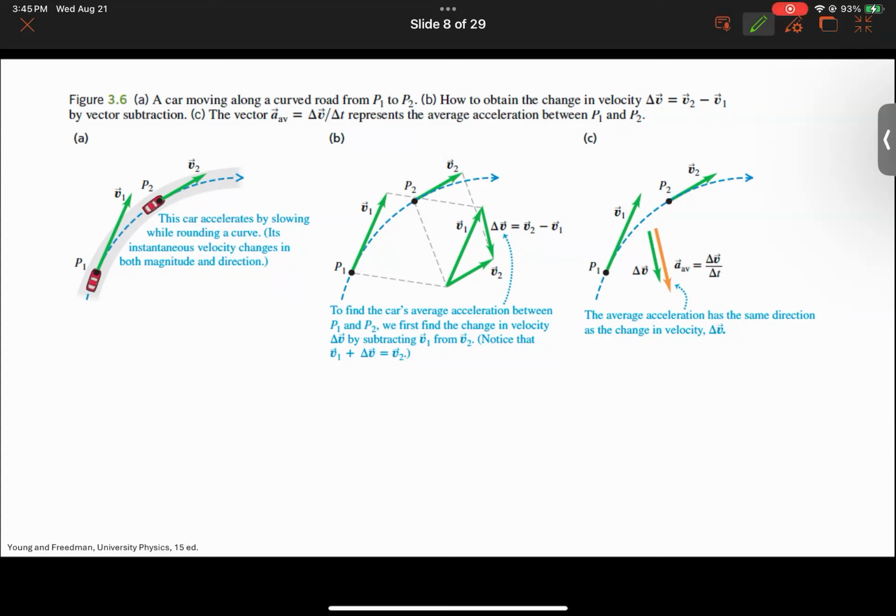Okay. So now let's move to how acceleration is defined. So pag-usapan naman natin yung acceleration vector. Now, yung form, at least mathematically, average acceleration is the same as kapag one dimension.